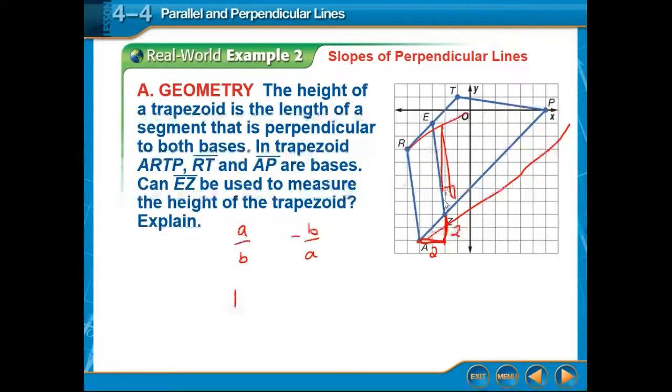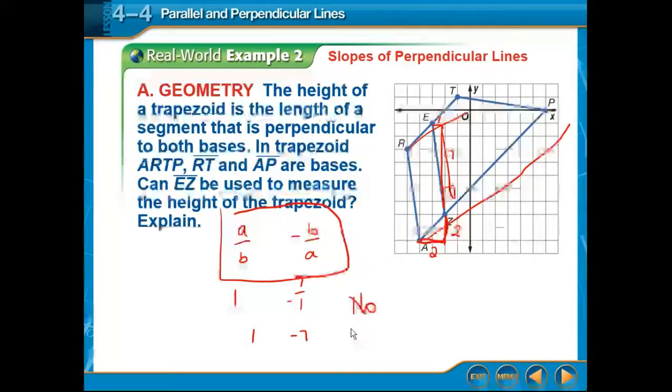So it goes up 7 and over 1. So that one is 7 over 1, or back, so -1. So 1 and -7 do not have this relationship of A over B is -B over A. So these cannot be used to find the height because it needs to be perpendicular.